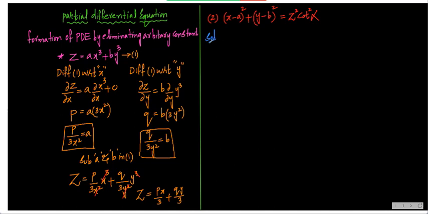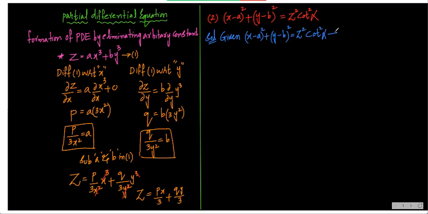Solution. Step number 1 is the given. Here I forgot to write the given. Here we write it: x minus a whole square plus y minus b whole square is equal to z square into cot square of alpha.